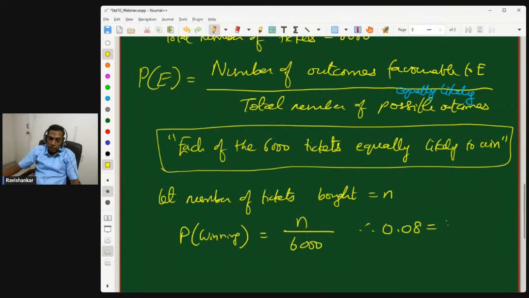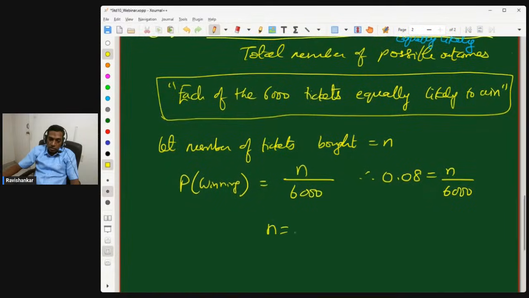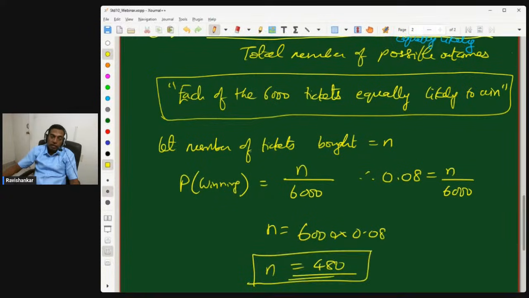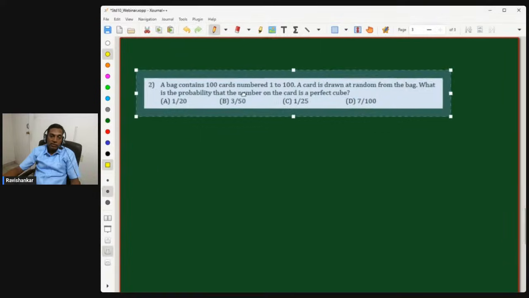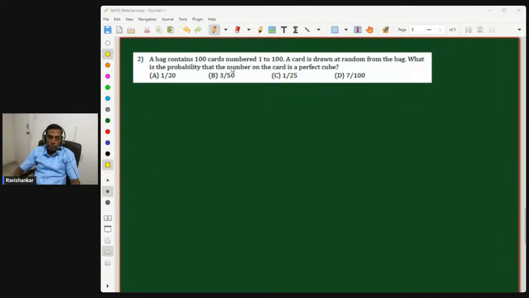So 0.08 is n by 6,000. So n is 6,000 into 0.08, which happens to be 480, which many people have got right. Question 2. Please go ahead and do question 2.